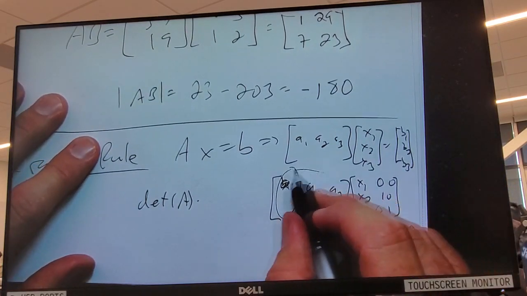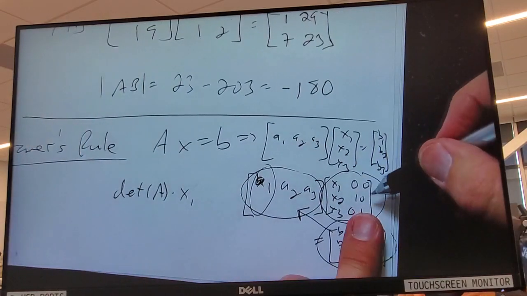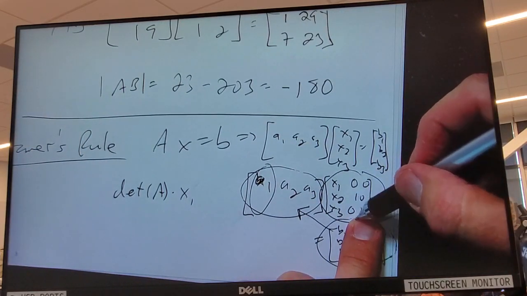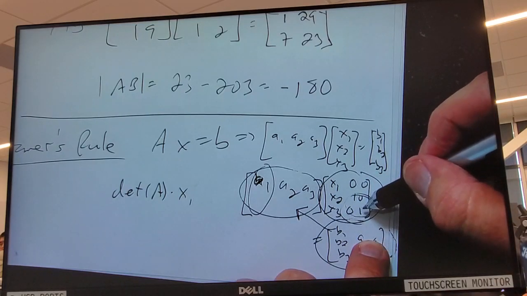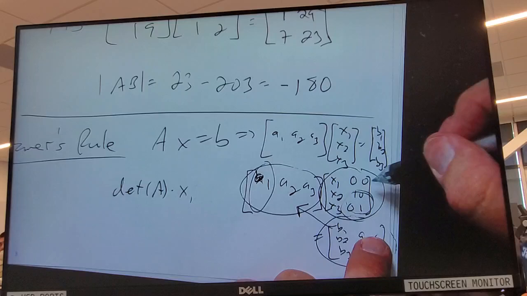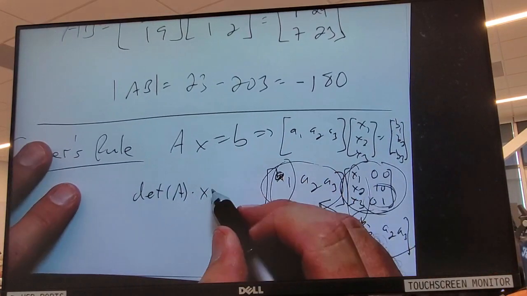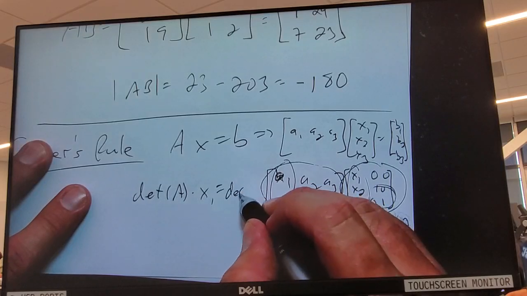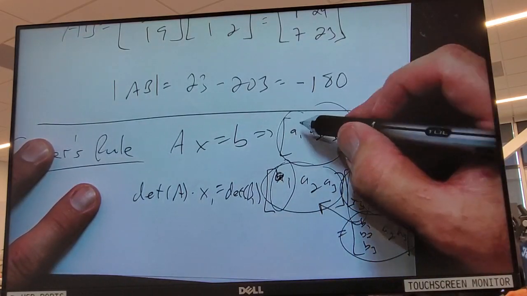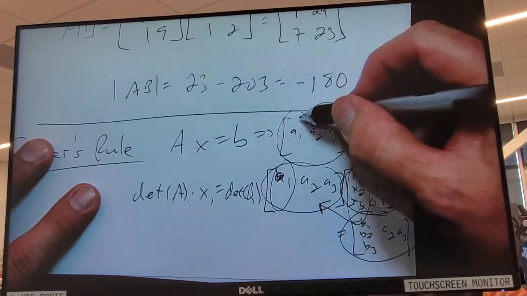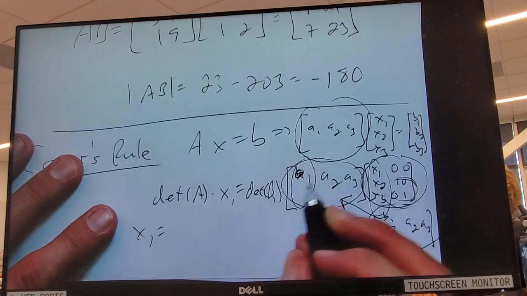Then I'll get the determinant of this times the determinant of this, which is x1, and you'll notice this little minor is the only way I get a determinant of not 0 for one of these little minors if I blow it up around this column, equals the determinant of something I'll call B1, which is just the A matrix replacing B in the first place. Then I'll have a way to solve for x1. So here's the main idea.